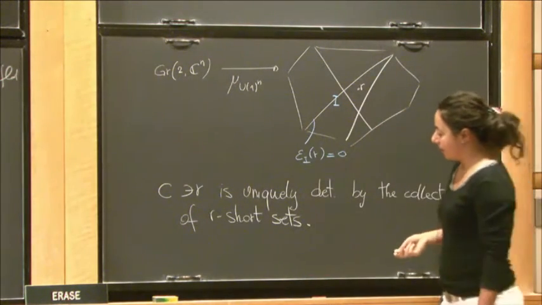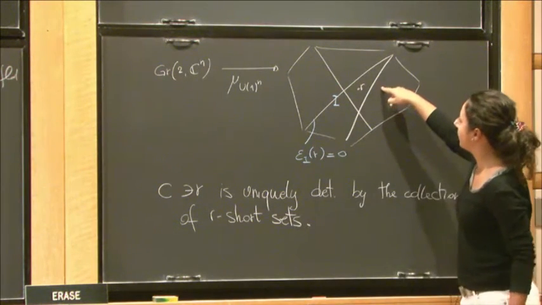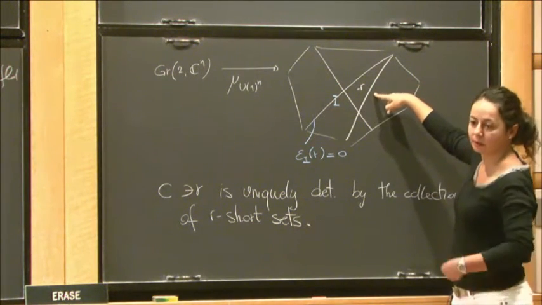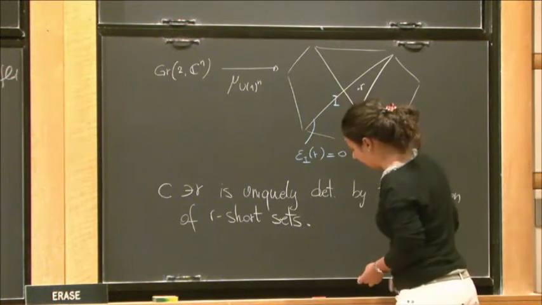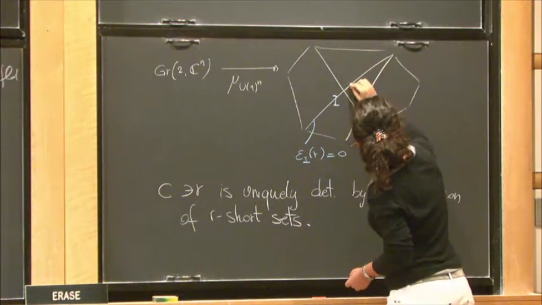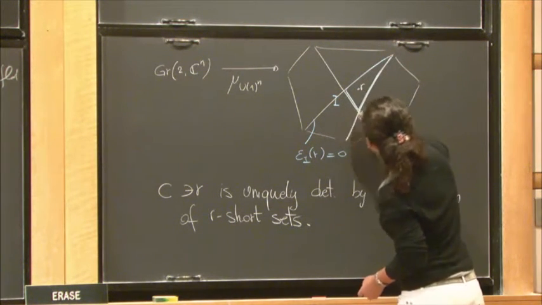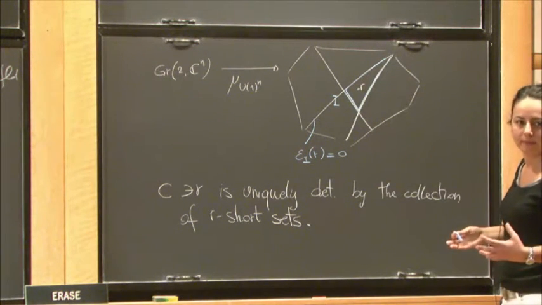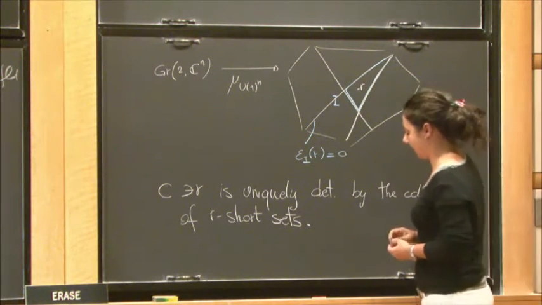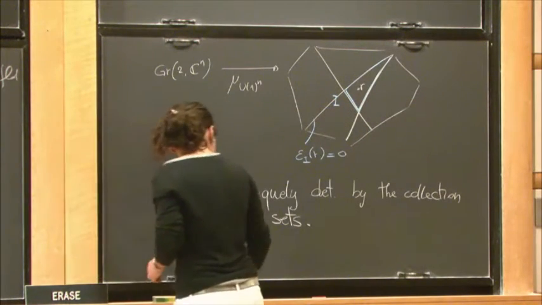And in fact, more is true. It's enough to tell you which are the short sets that are not contained in any other short sets, because those will be associated to what I call the effective walls of the chamber. So the walls that in fact lie in the closure of the chamber. Okay, the others will follow.